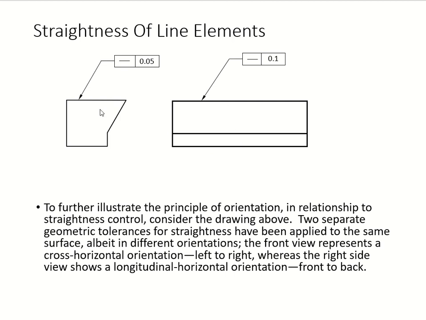Your front view represents a cross horizontal orientation, left to right, and the right side view shows a longitudinal orientation, front to back. So you have two different tolerances, depending on the view.